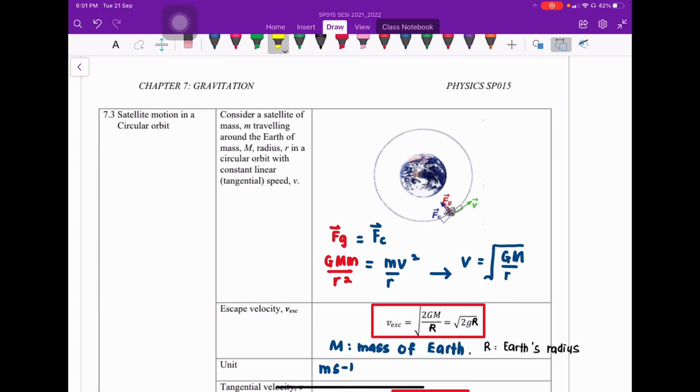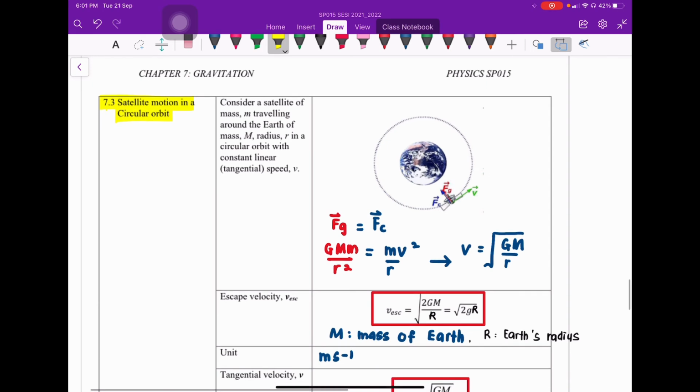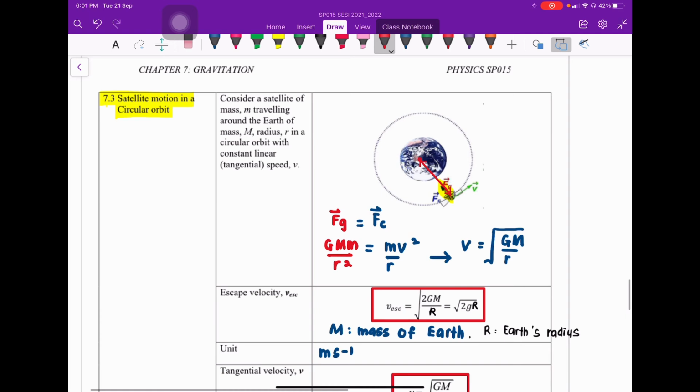The last subtopic, 7.3, is satellite motion in circular orbits. Referring to this diagram, we can see here the gravitational force acts toward the center of the circle. Meaning, we consider the concept of centripetal force: gravitational force equal to the centripetal force.